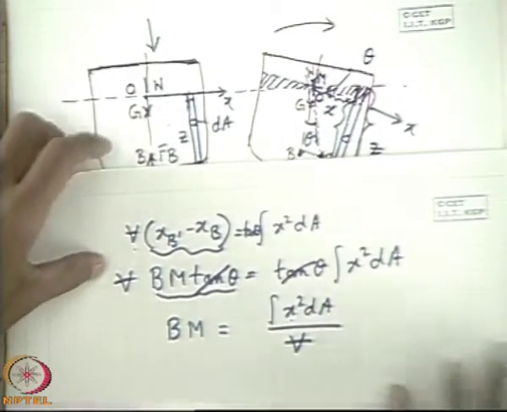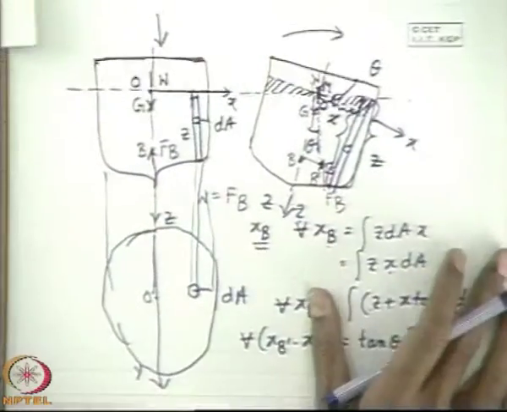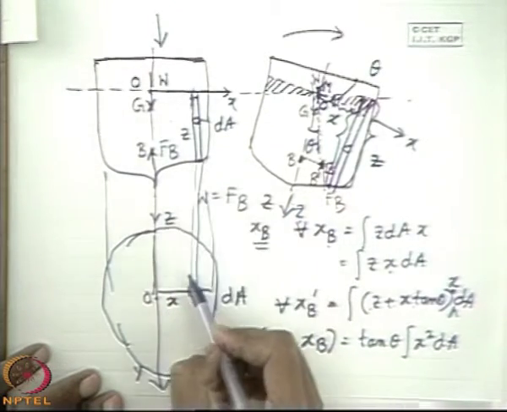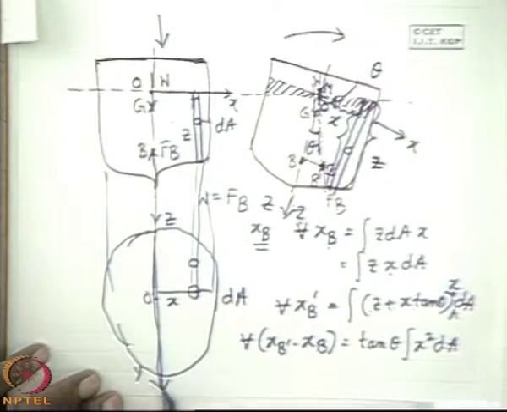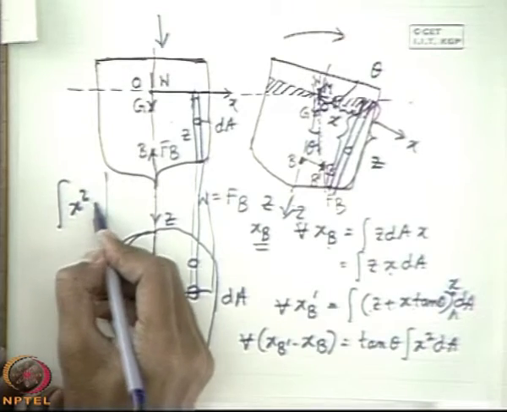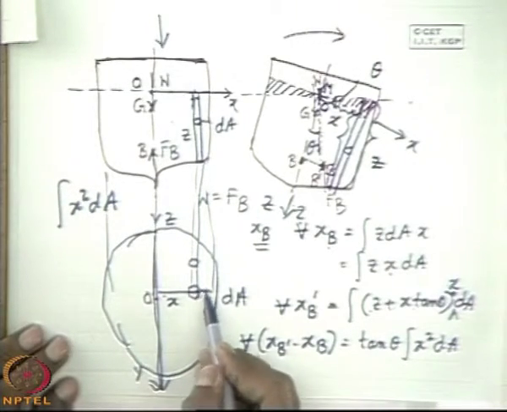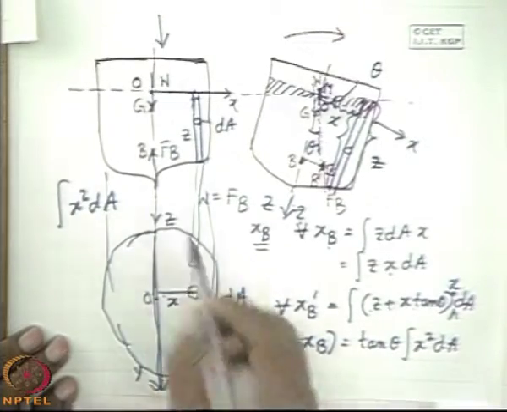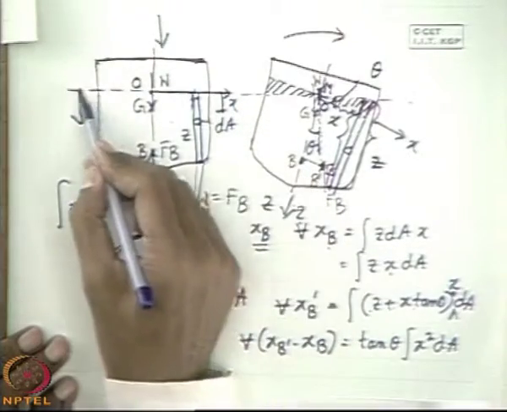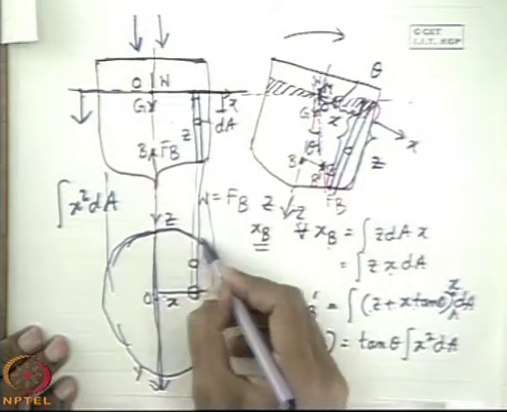If we just see this figure, x is the distance of any elemental area here from this y axis. That means this x squared dA, which is there in the numerator of this expression of bm, represents the second moment of area of the plane of flotation. This is the plane of flotation. That means if I take a section from here and look from top, that is the sectional plan we see.